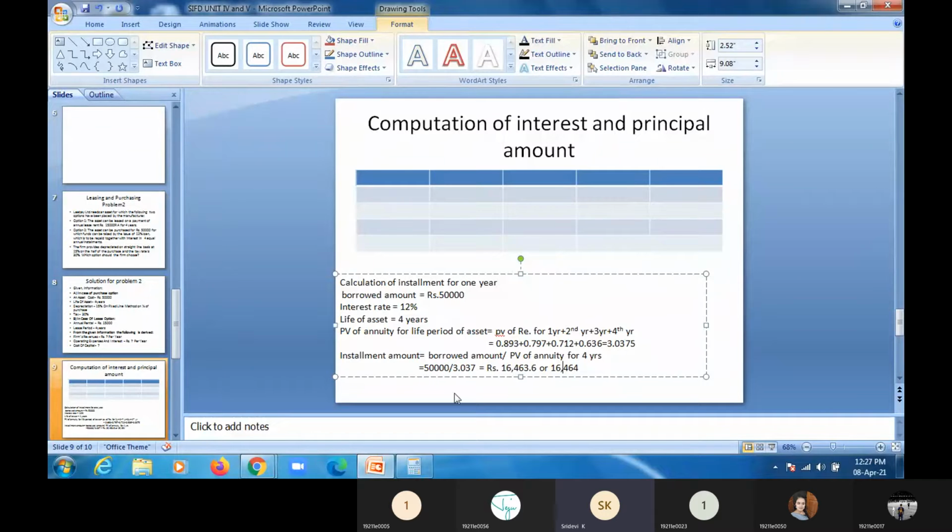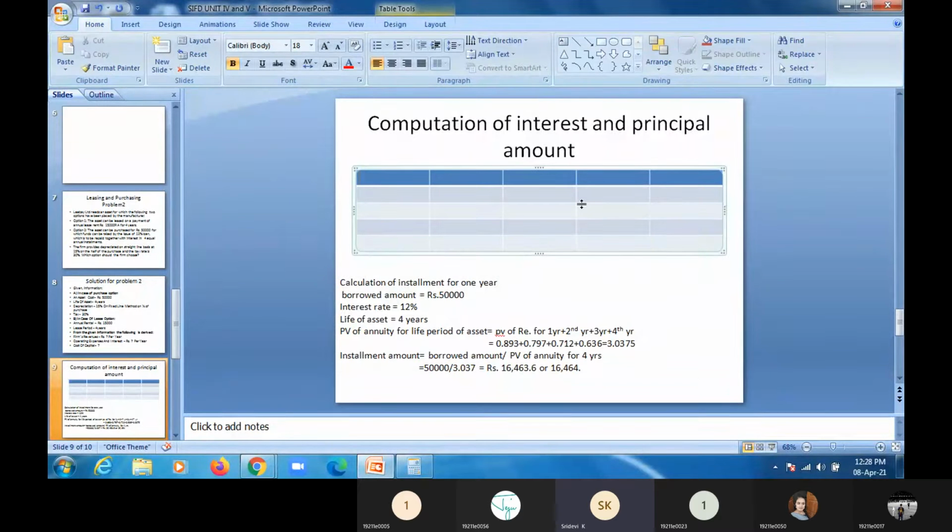So now we got this amount, that for each installment how much they are going to pay. From this we have to separate how much is related to interest and how much is related to the principal amount. Okay, so let us take this calculation first. Let us take year in the first column, and installment we know, and from this we are separating the interest value and the principal value.